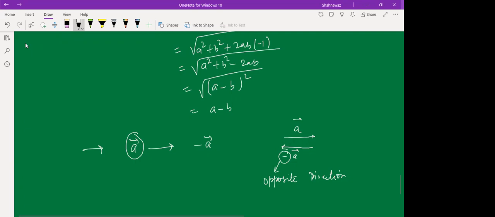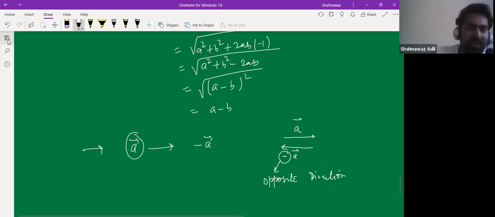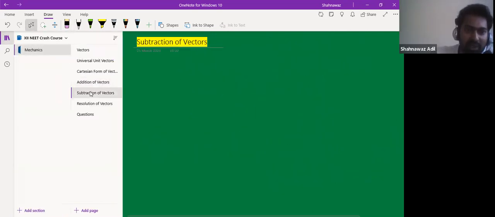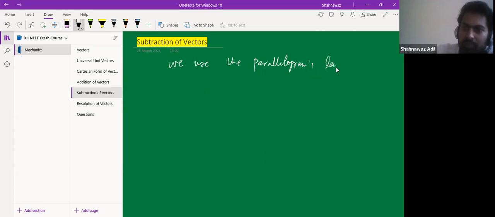So let's talk about the subtraction of vectors. In subtraction of vectors, you again use the same law, the parallelogram law.